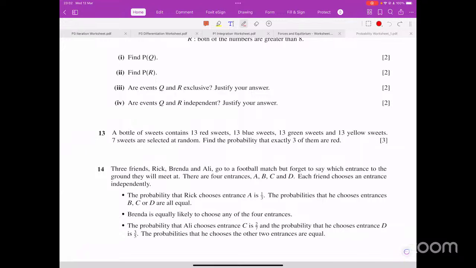The questions that are from later topics, we will not be able to do them today, but once we've done those topics, you should be able to figure these questions out later on as well. So question number 13, this is something that we cannot do right now. We will do this later on.